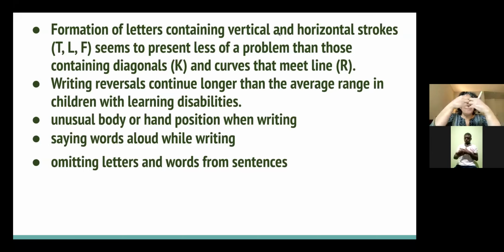Our brain is processing the words to be written faster, but our motor coordination skill, which guides us to write on the paper or in the notebook, is slower. There is a mismatch. So that's why they might skip some words and letters from the sentences.